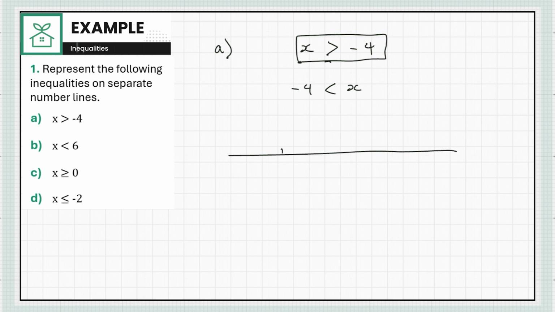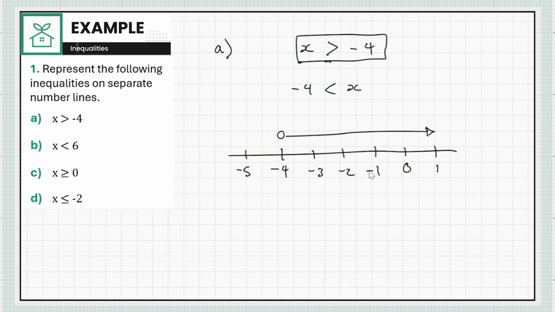If we start off at minus 4, and we'll add in minus 5 here as well, minus 3, minus 2, minus 1, 0, and 1, every value greater than negative 4 is going to be a solution. That's everything greater than minus 4.